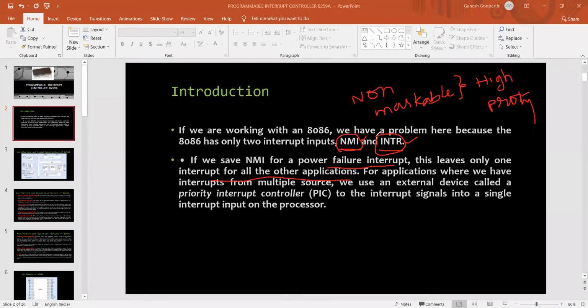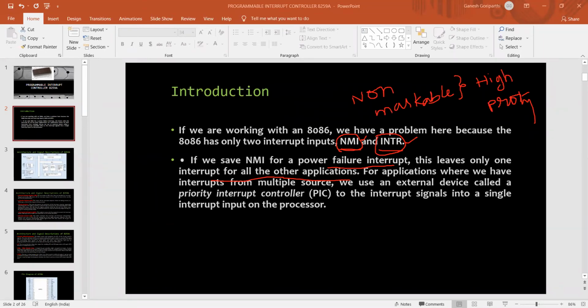And we have a number of devices connected to 8086, so we will get a number of interrupt signals to the 8086, but we have only a single interrupt input signal. That is the problem here.